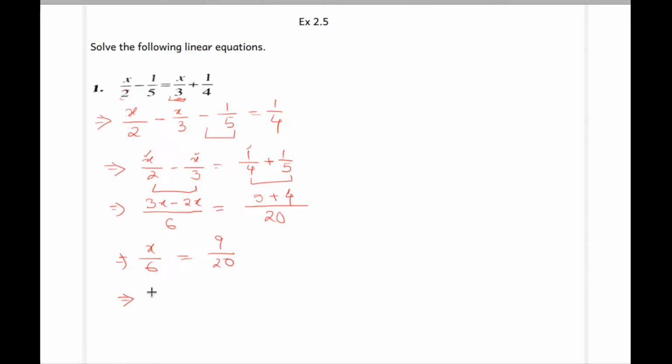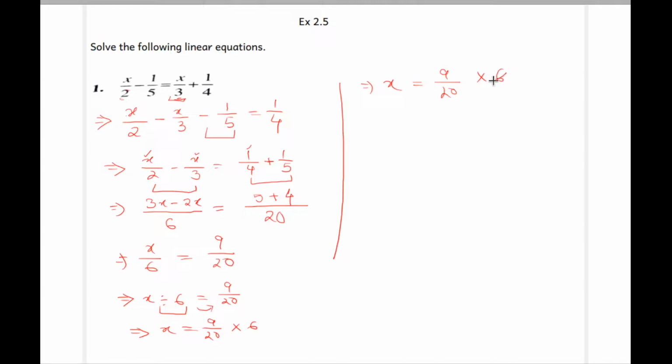This implies x/6, that means x divided by 6, equals 9/20. So this implies x equals to, we have to take this division by 6 to the other side of the equal sign. So it will become multiplication. So x equals 9/20 multiplied by 6.